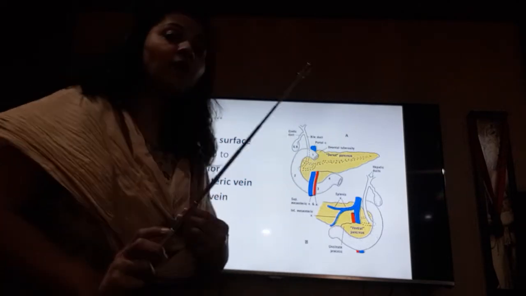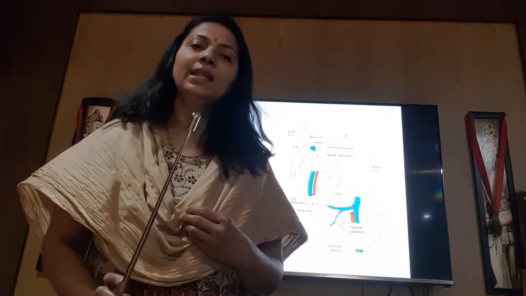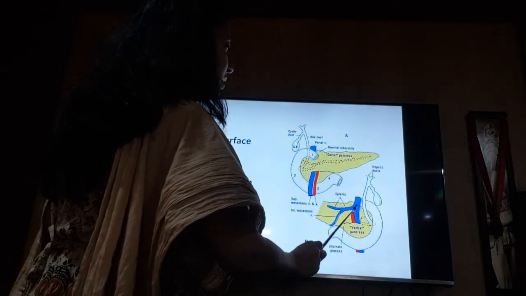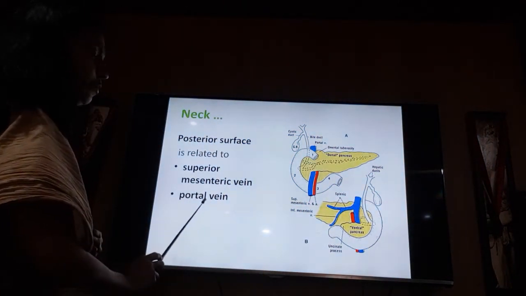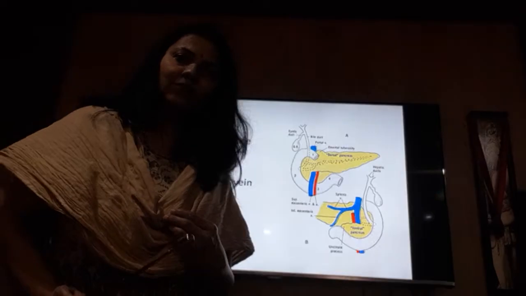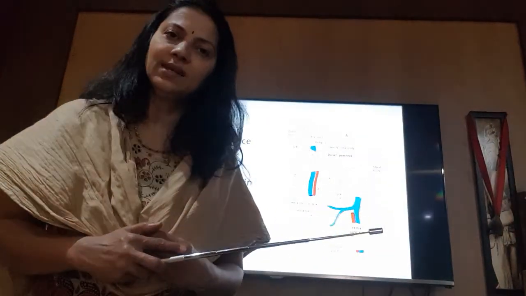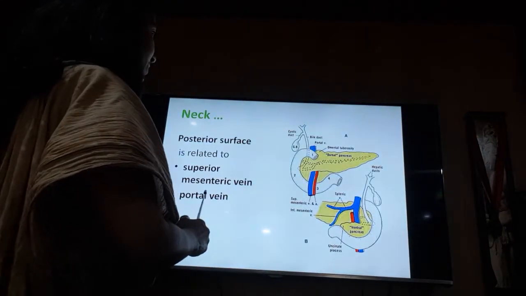But here we are concerned with a very narrow region called the neck of the pancreas. So the neck of the pancreas is posteriorly related to the superior mesenteric vein and portal vein. Is this clear? Very simple. Anteriorly it was the superior mesenteric vessels, and posteriorly it is this.